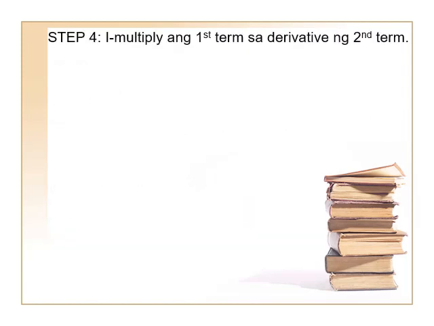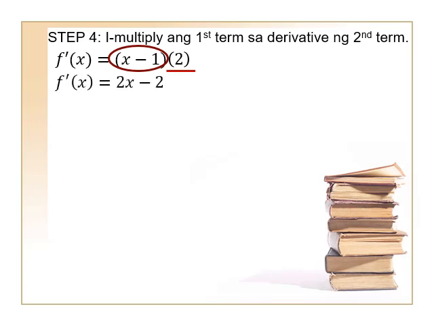Okay, step 4, i-multiply ang first term. So, ang first term natin is x minus 1. Doon sa derivative ng second term natin, which is 2. So, now you have 2x minus 2. Yan. So, ito yung second part.